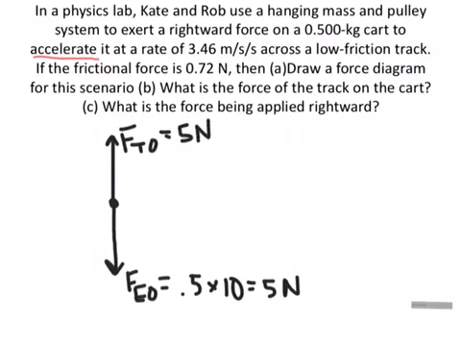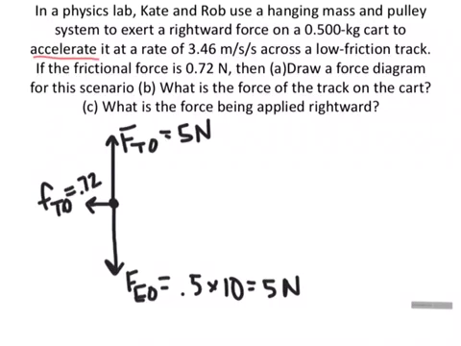And then it says there's a rightward force, so it's going to be pulled to the right, and we know friction will be in the opposite direction. So we know friction is going to be to the left. Friction of the track on the object, which is going to be 0.72.